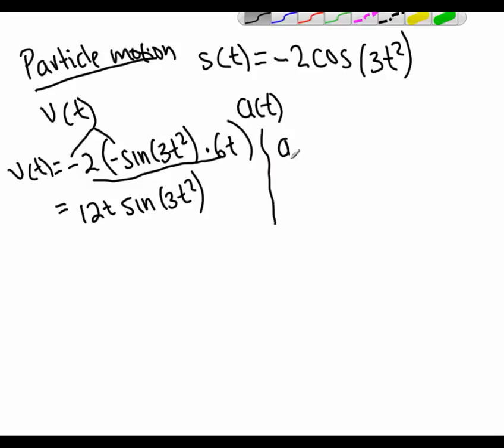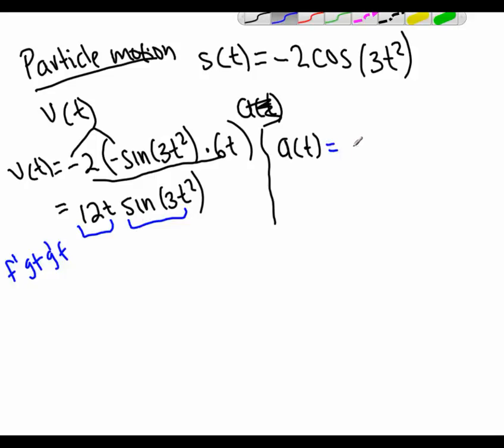If I ask you for the acceleration function, I know it's going to be the derivative of your velocity function. But now I have two functions multiplying, so I have to use the product rule. So f prime g plus g prime f, whichever order you follow, just keep track of your product rule.